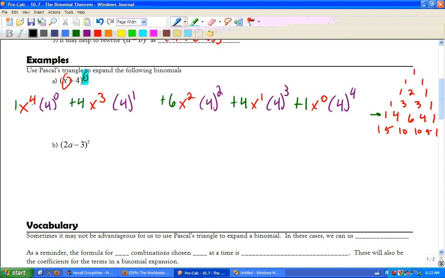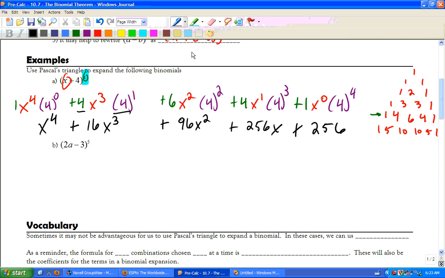At this point, all we're going to do is expand. We're going to combine like terms, multiply things out. 1 times x to the fourth, 4 to the 0 is 1, so we're just left with x to the fourth, plus 4 times 4 to the first is 4, gives us 16x cubed, plus 4 squared is 16, 16 times 6 gives us 96x squared, plus 4 cubed times 4, that's the same thing as 4 to the fourth, which is 256x, plus x to the 0 goes away, it's 1. 1 times 4 to the fourth gives us 256.